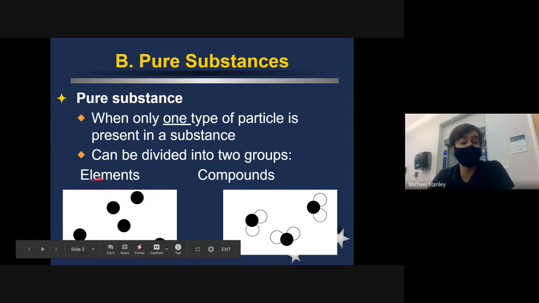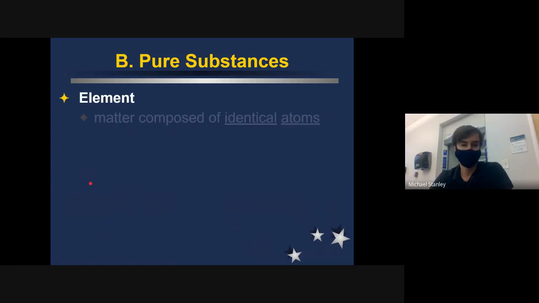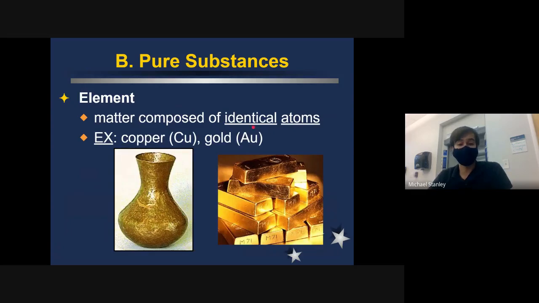So because they're the easier type, we'll talk about our elements first. So an element is when matter is composed of identical atoms. So every single atom in this matter is the exact same type of atom.